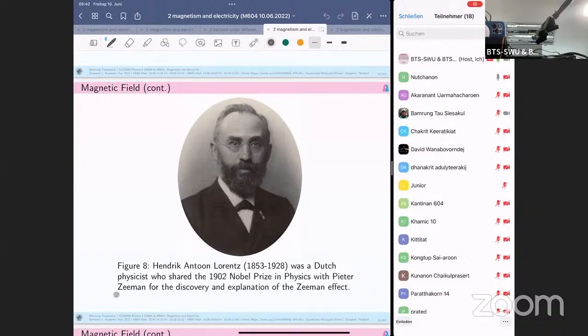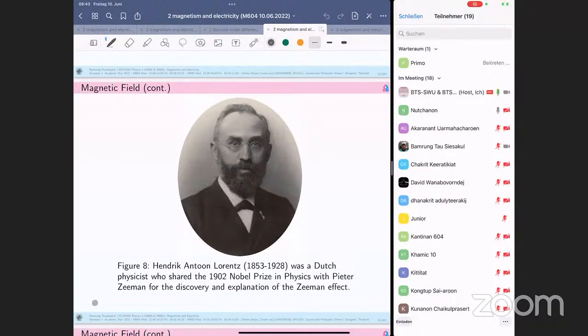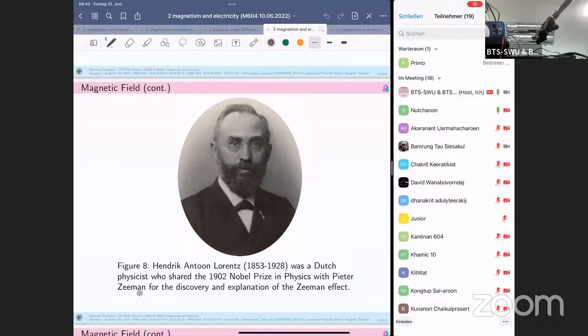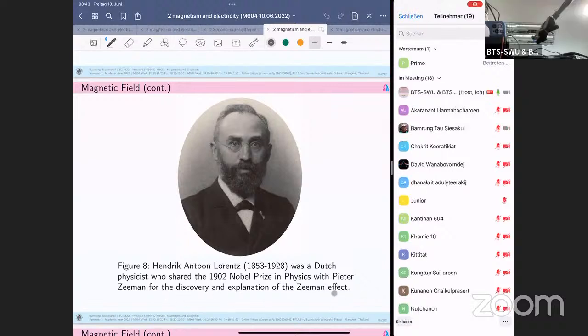You will know something about Zeeman later in chapter 6, I think. You will get to know the Zeeman effect in chapter 6. He and Pieter Zeeman were awarded the Nobel Prize in Physics for discovering and explaining the Zeeman effect.